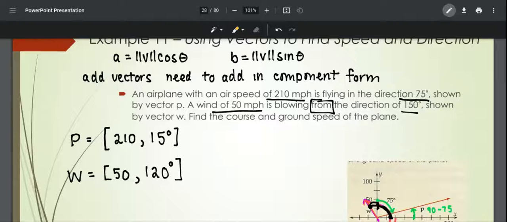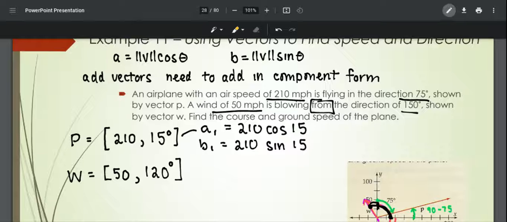So we're going to get components for our plane vector and components for our wind vector, and we're going to add them together. So our plane vector, I'm going to call this A1. To find the components for that, I take the magnitude, which is 210, times the cosine of the angle. And to find my B component, I take the magnitude times the sine of the angle.